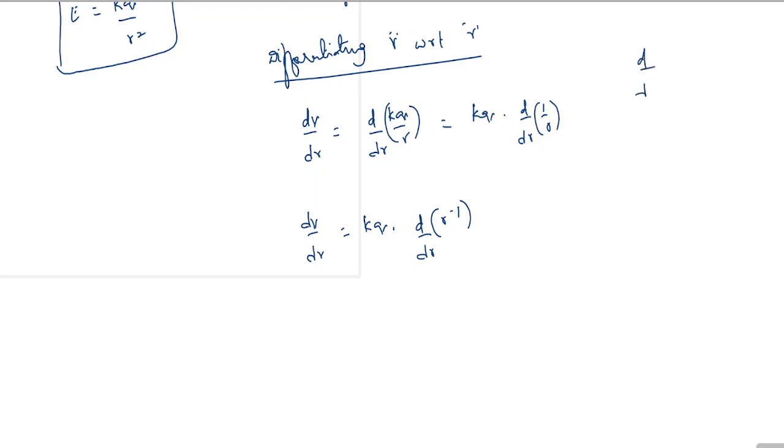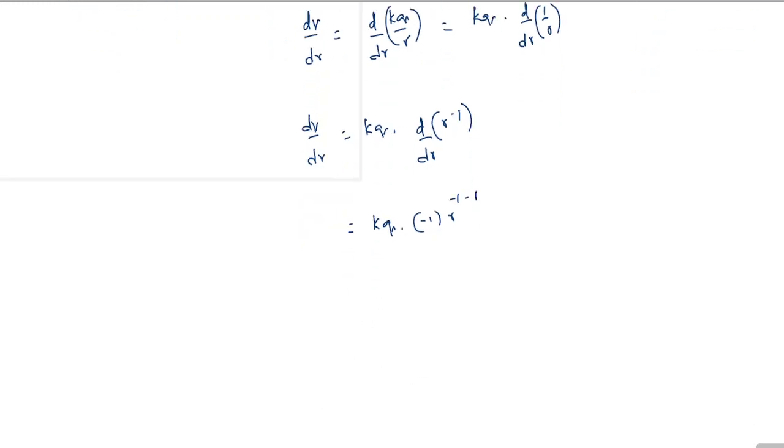Recall that d by dx of x power n is n into x power n minus 1. Putting it back here, it is K into Q, n here is minus 1, so minus 1, r power n minus 1, that is equal to KQ with a minus sign, and this becomes r power minus 2, that is r square.